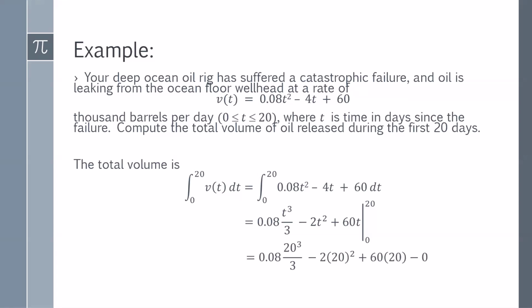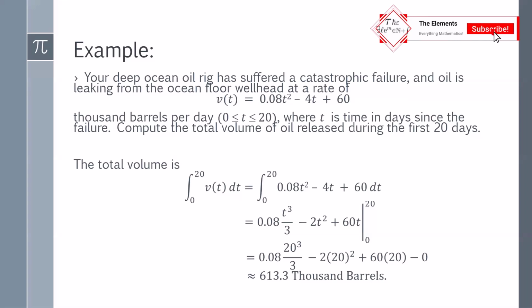So we get 0.08 times 20 cubed over 3 minus 2 times 20 squared plus 60 times 20 minus 0, which is approximately 613.3 thousand barrels of oil lost during the first 20 days.